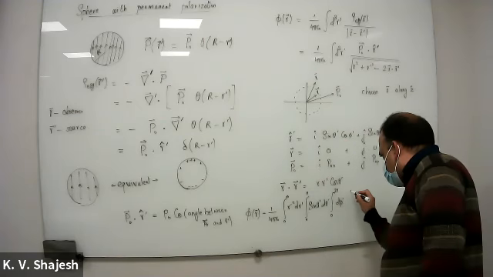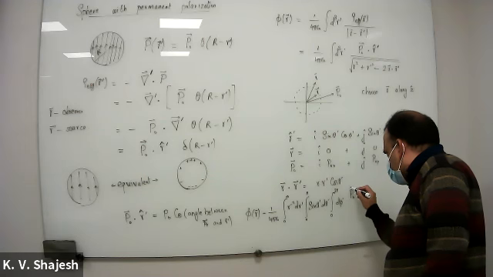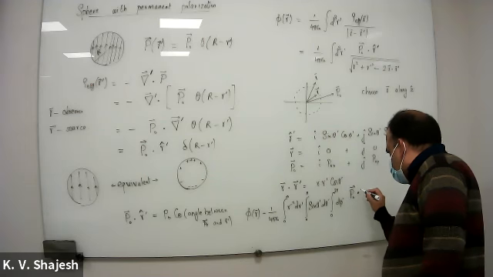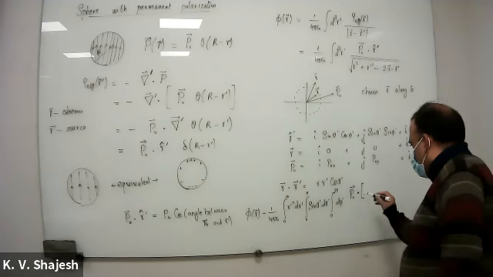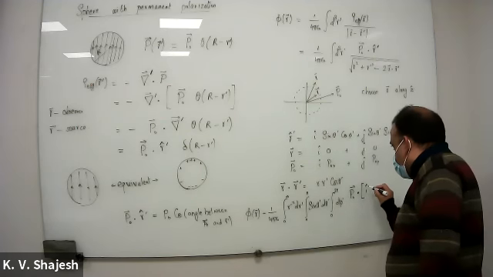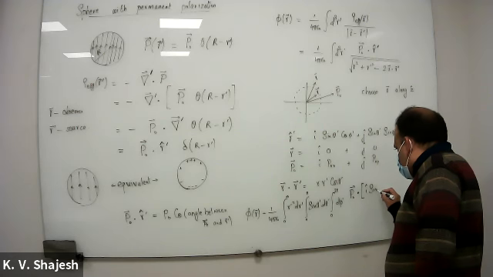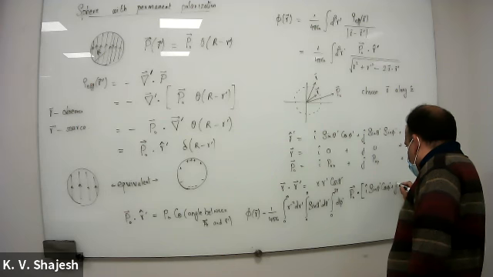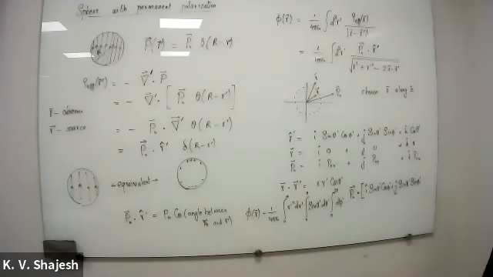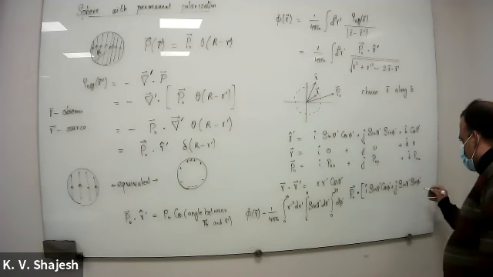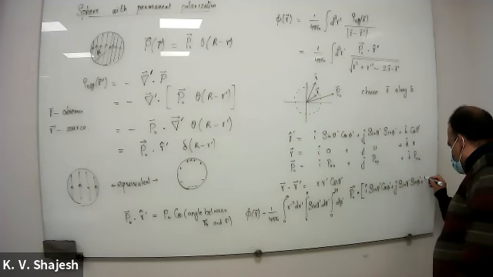So I'm going to write P naught as it is, and R prime, I will write this quantity in: i hat sine theta prime cosine phi prime plus j hat, okay. Seems very messy, but many things will collapse very quickly.